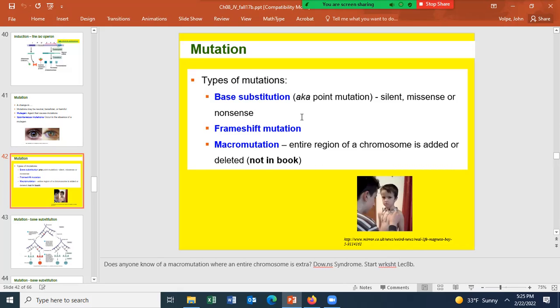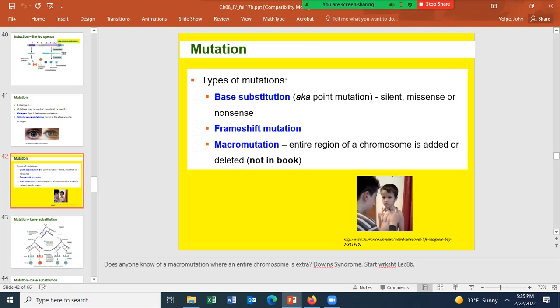They are all point mutations where one base is substituted for another. There are also frame shift mutations where the entire codon reading frame gets switched. And there are macro mutations where an entire region of a chromosome is added or deleted.